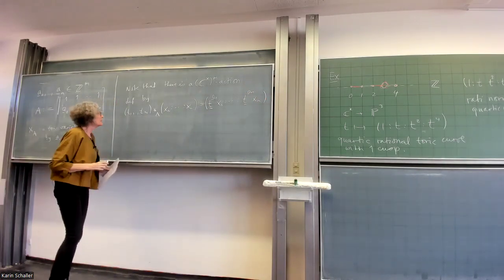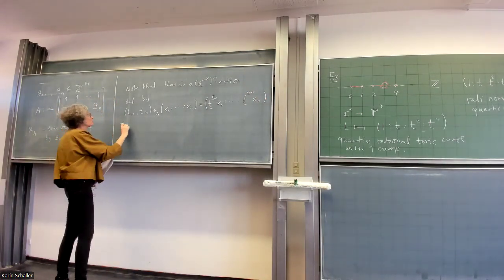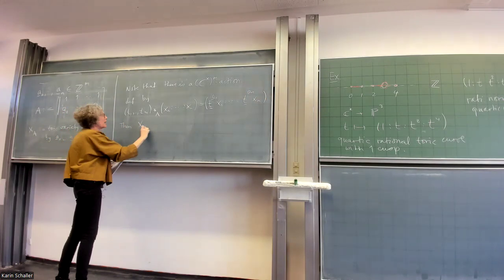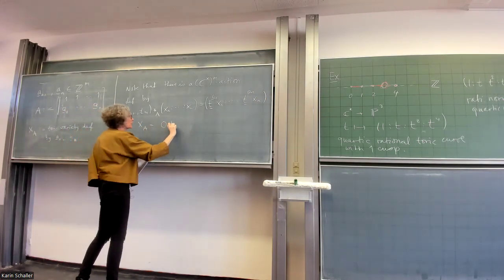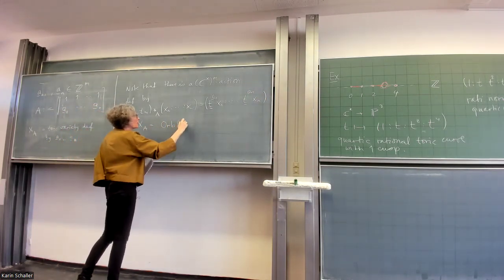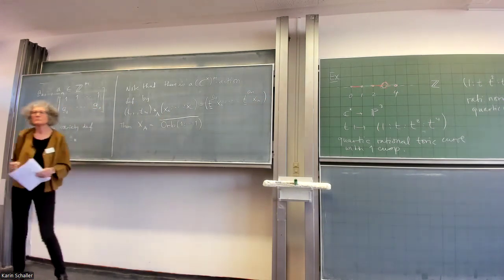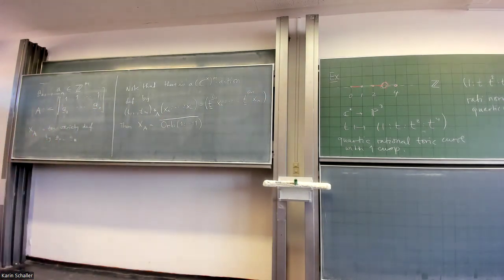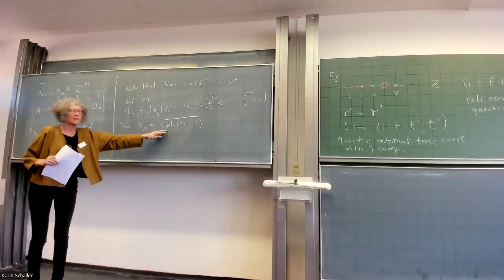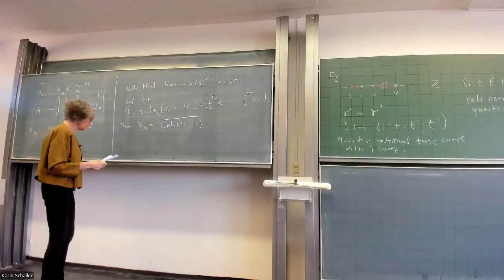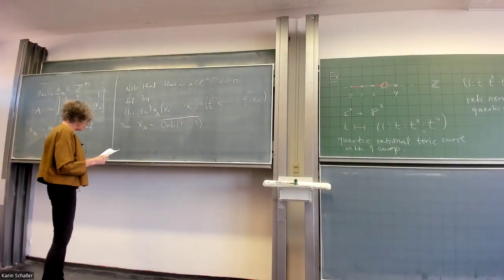And then what you see is that XA is just the orbit of the point 1. So we have, first, inside XA the torus, and we embed the torus into Pn, and we take the closure, and you can view that as the orbit of the point 1. This is all standard.